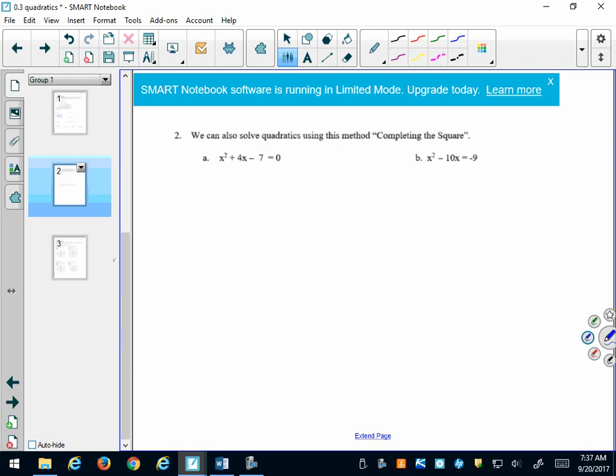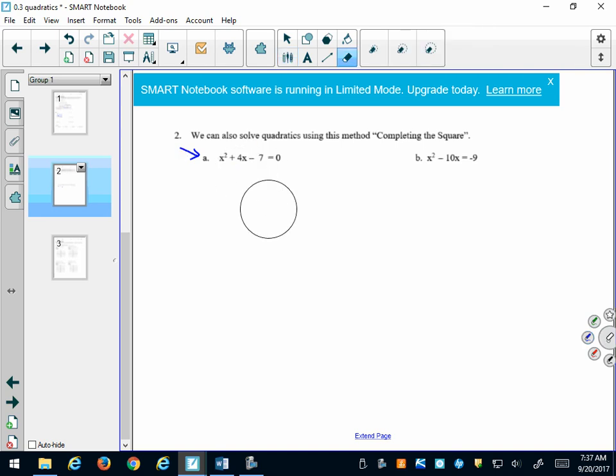If it's easily factorable, then go ahead and factor it. But when we look at this example, if we try to think what multiplies to be -7 and adds to be +4, there's nothing. So it's not factorable. So our choice here is either to do the quadratic formula or to check to see if we can complete the square.